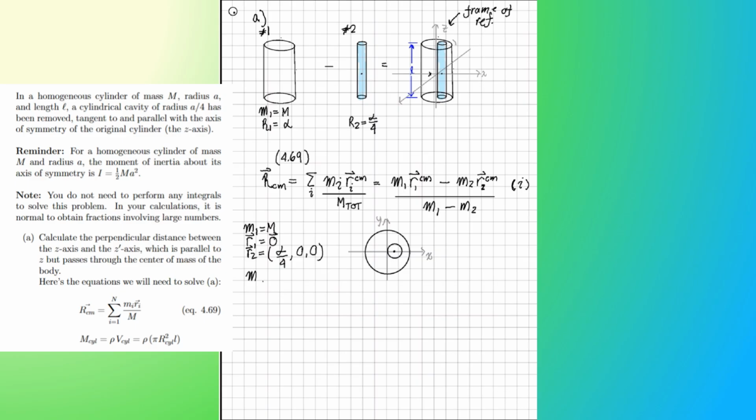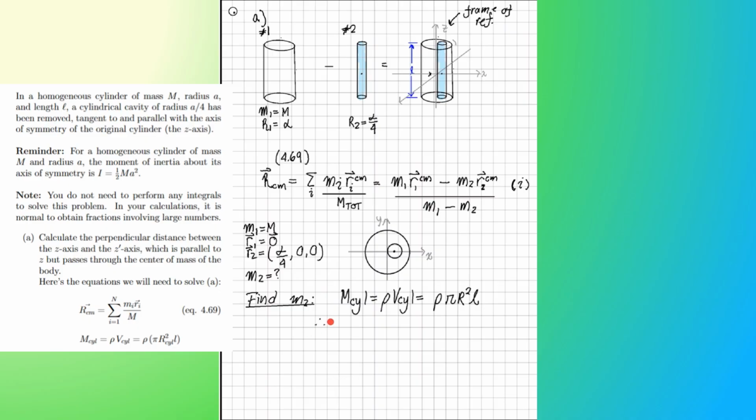Now, for M2, we don't know it yet. So let's find M2. To do that, we're going to use the fact that the mass of any cylinder is equal to its density multiplied by its volume. And this is equal to density multiplied by pi, the radius of the cylinder squared, multiplied by its length.